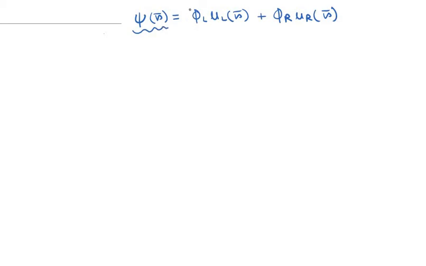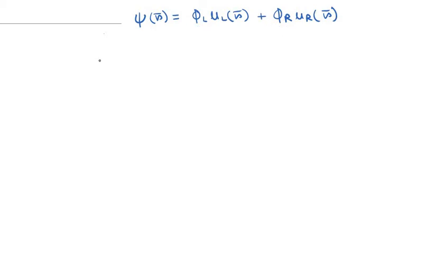Our basic job is to calculate phi L and phi R. If we know the value of phi L and phi R, or the relative ratio of phi L and phi R, then we can know the wave function or eigenfunction psi R.